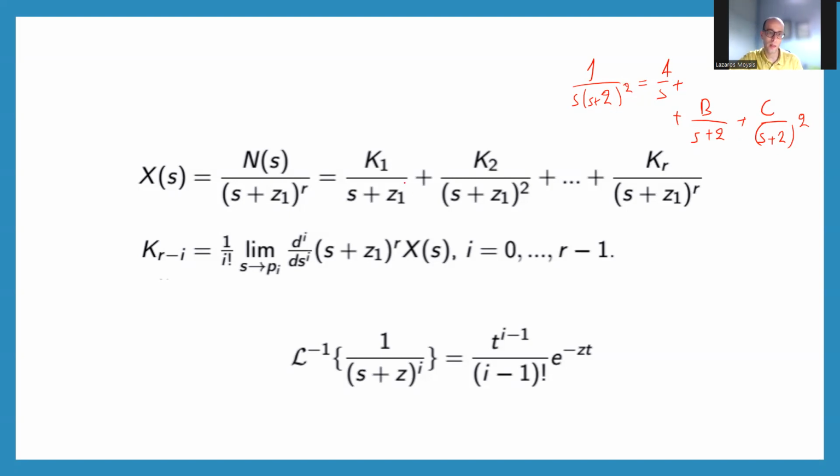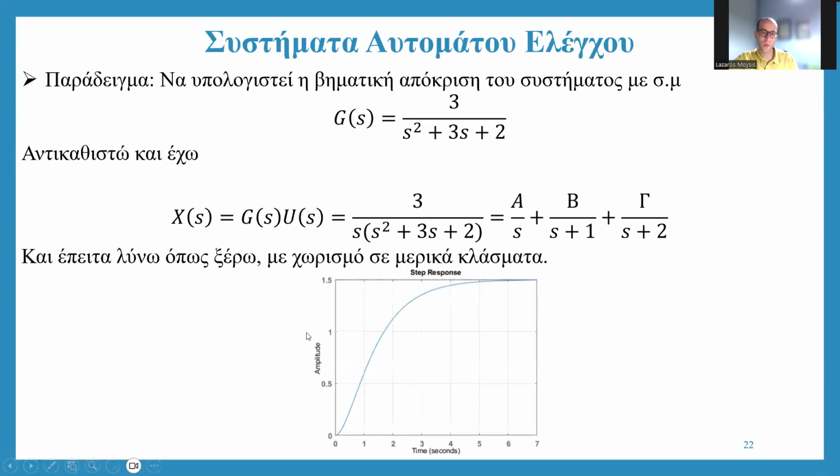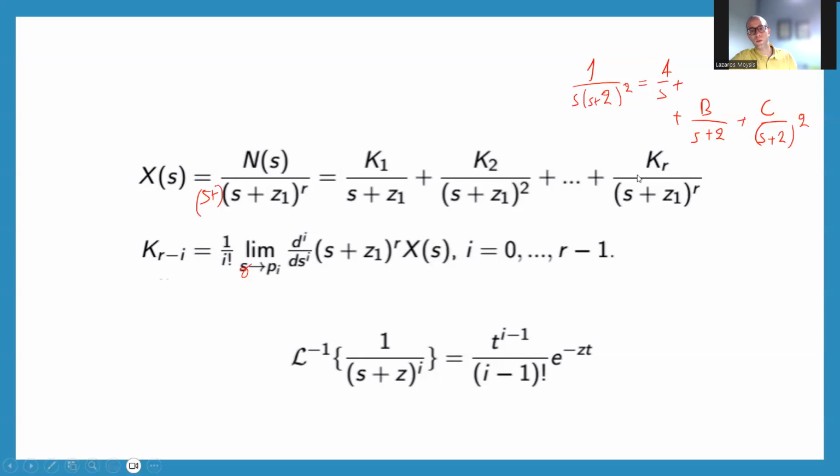So in this general situation, when I have a factor that is of the order r, I break it down into all of the lower terms that appear. And it is a bit more tedious or difficult to compute each of these individual terms, like k1, k2, up to kr.